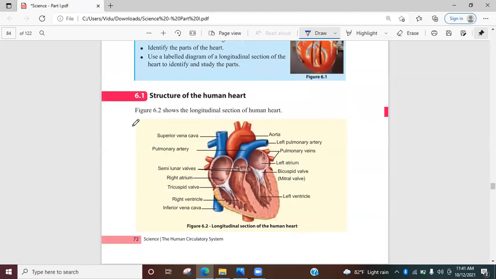Structure of the human heart. Here you can see a longitudinal section of the human heart.